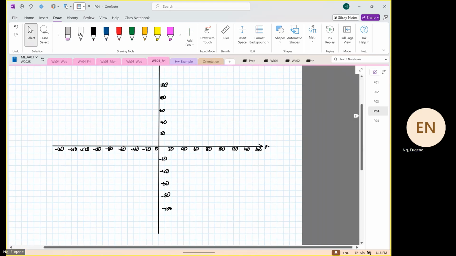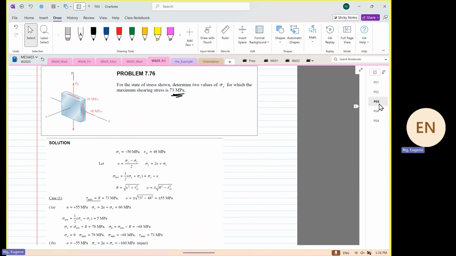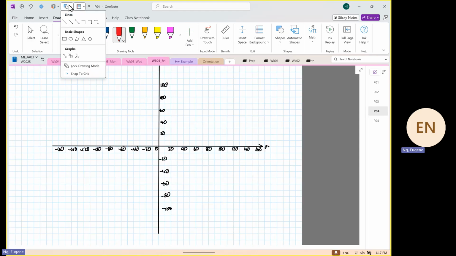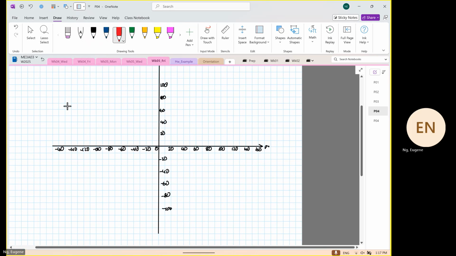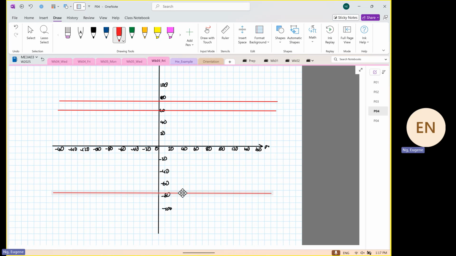Next, we know that the maximum shear cannot be more than 73. So I'm going to draw a red line. Okay, so this is equal to 73. And then I'm going to draw the next line over here. This is equal to 73. Okay. So this is our minus 73.